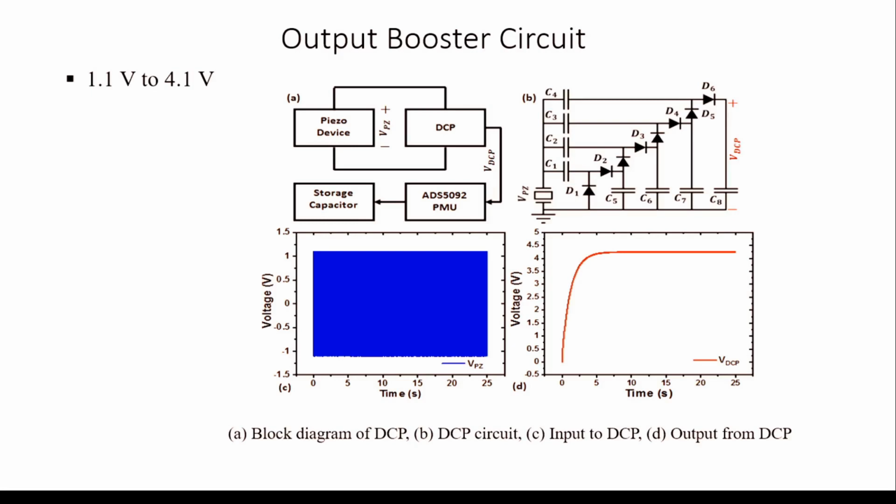The most important part is that this is a passive circuit, so it does not require any external input, and it can multiply the input signal. In this, we applied 0.1 volt and we are getting 4.1 volt. This is not only doing the multiplication of the input, at the same time it is also doing the rectification.